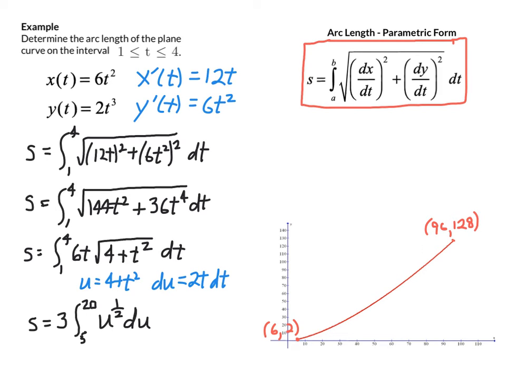And we'll integrate using the general power rule. So that gives us 3 times 2/3 u to the 3/2. Again, since we're sticking in u here, the bounds are from 5 to 20.